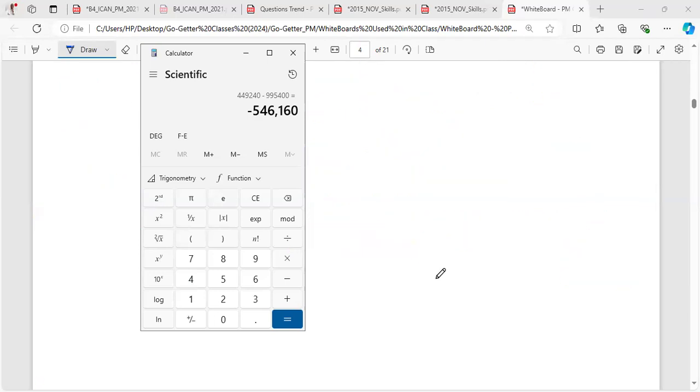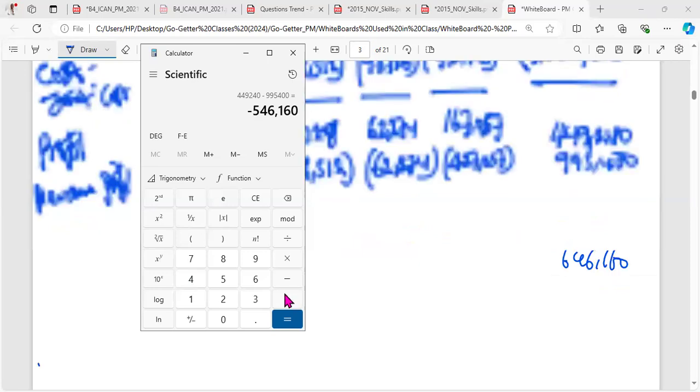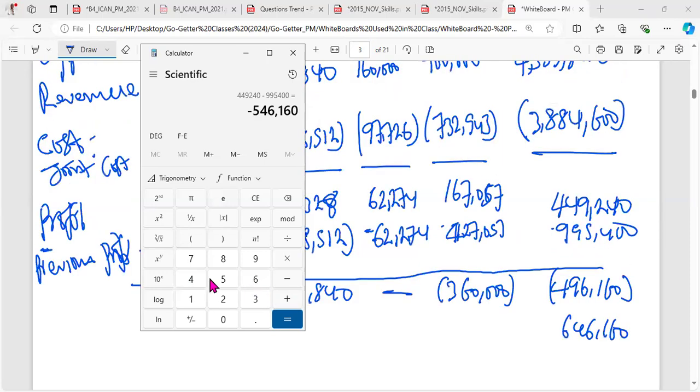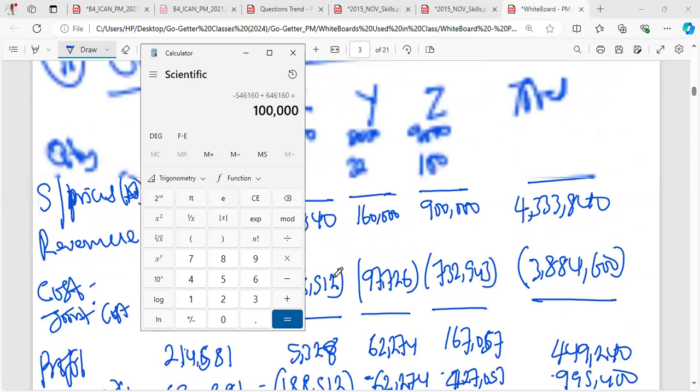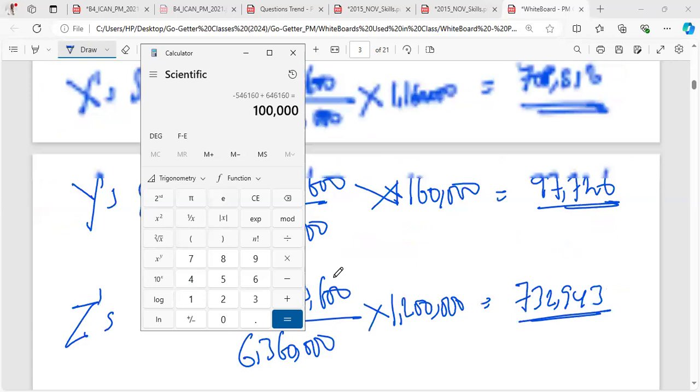So what's the difference now? Let me see the difference. 646,160. Difference is 100,000. Where is the 100,000 coming from?